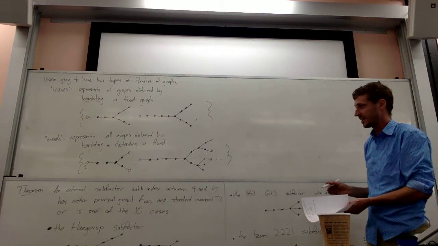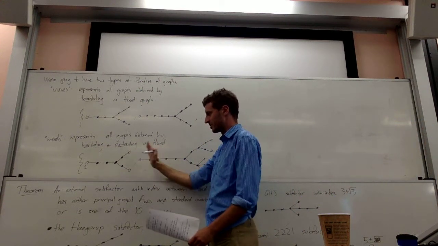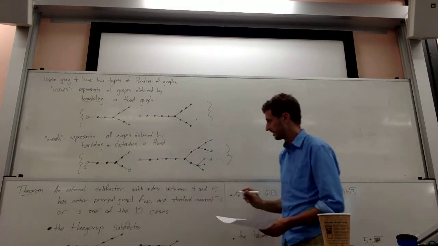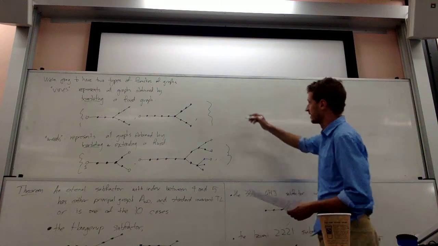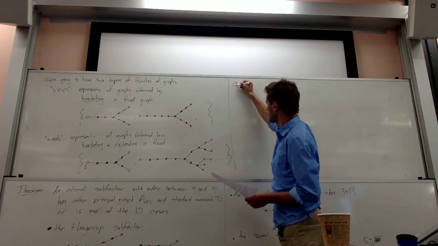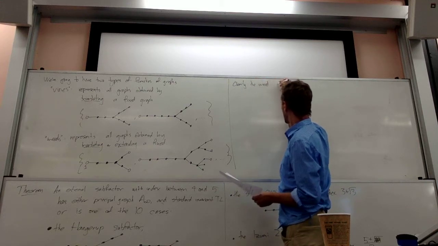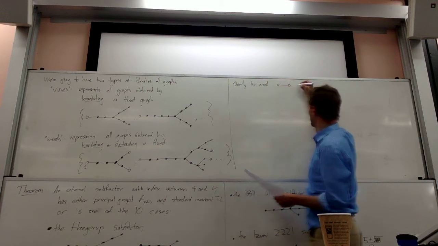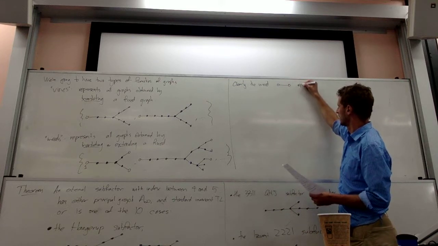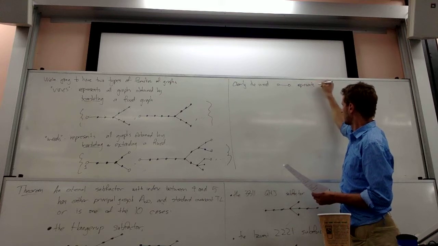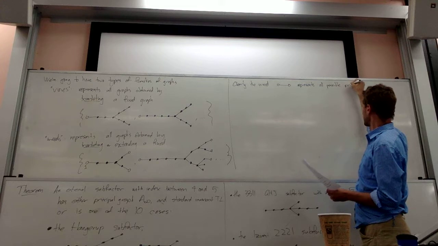It's basically just saying that if you truncate it at a certain depth, and modulo this translation issue, they all start like some particular thing. Okay. So one thing to observe there is clearly the weed, just a single edge, open at both ends, represents all possible principal graphs.